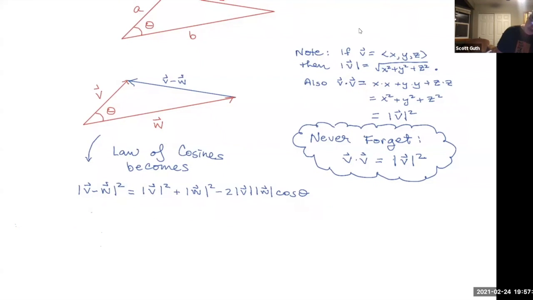Fine. Next, what you want to do is recognize that the magnitude of a vector squared is the vector dotted with itself.